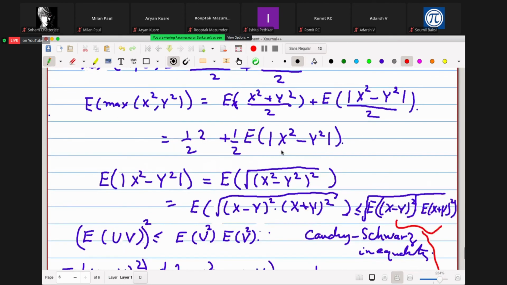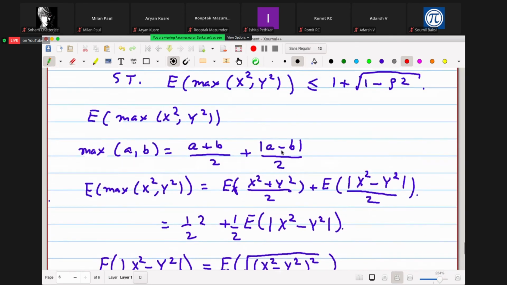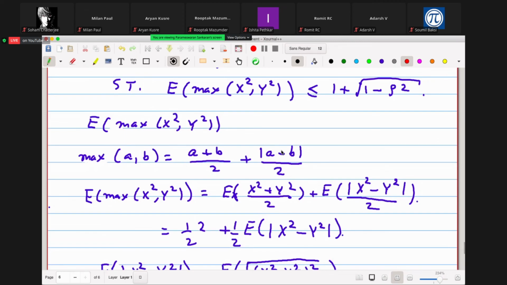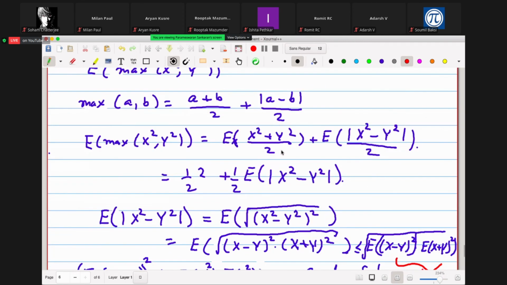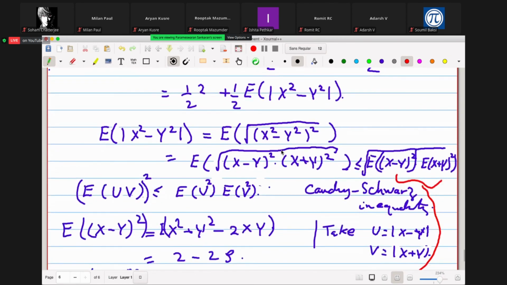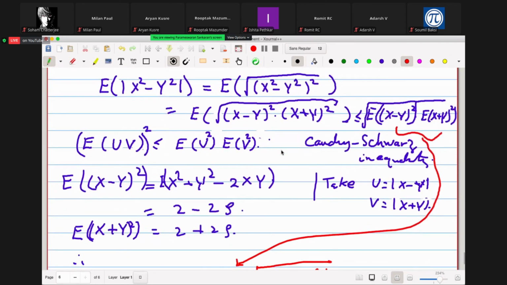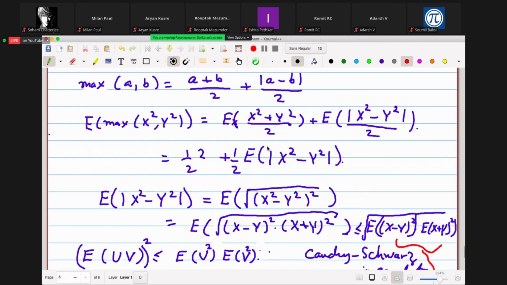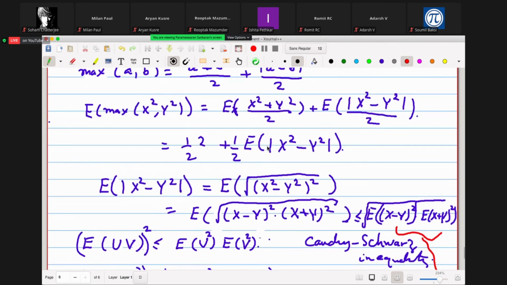You require one important thing, and this is where that exercise becomes important. What does it mean to say expectation of x square equal to 0?